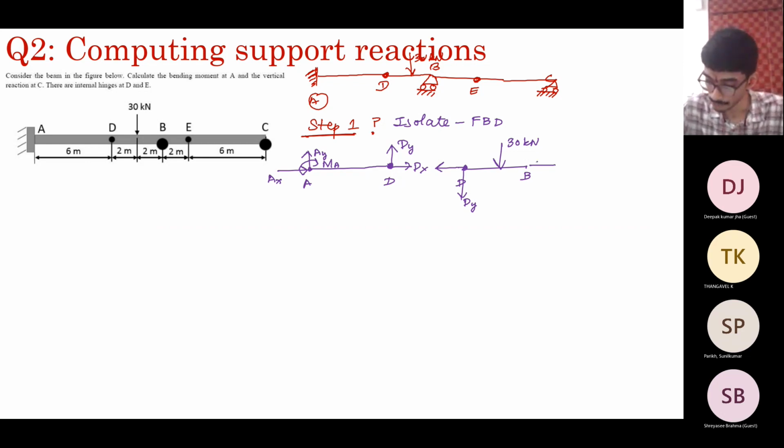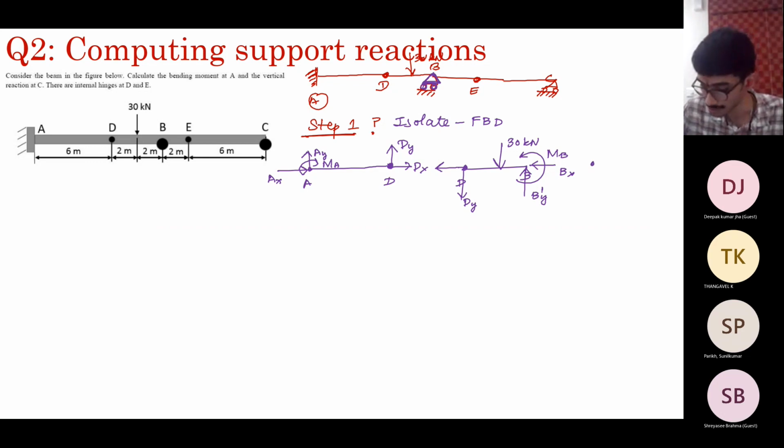Similarly, at B, you can have DX, DY, and this moment MB. Since this support is an intermediate support, just consider this as B1Y because you will have another part coming from the other side.